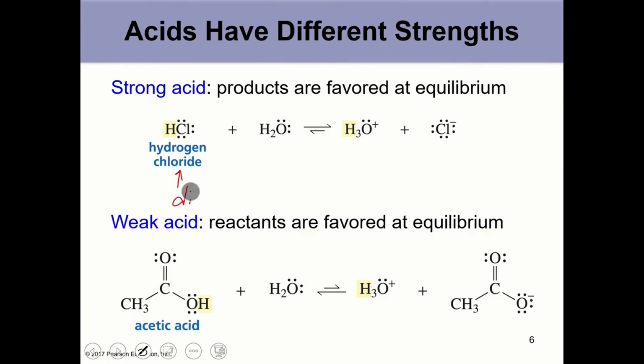Hydrogen chloride or hydrochloric acid, as a strong acid, should dissociate fully, and it has a pKa, I think, of -6 or -7, a very low pKa.